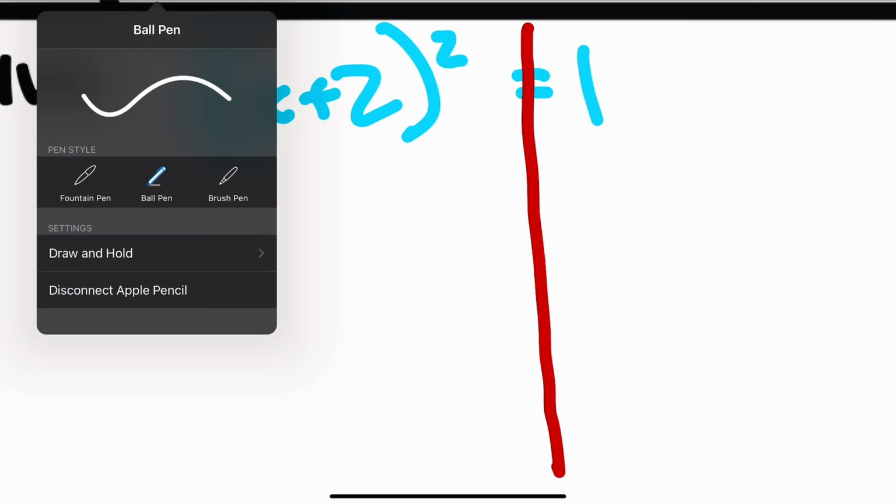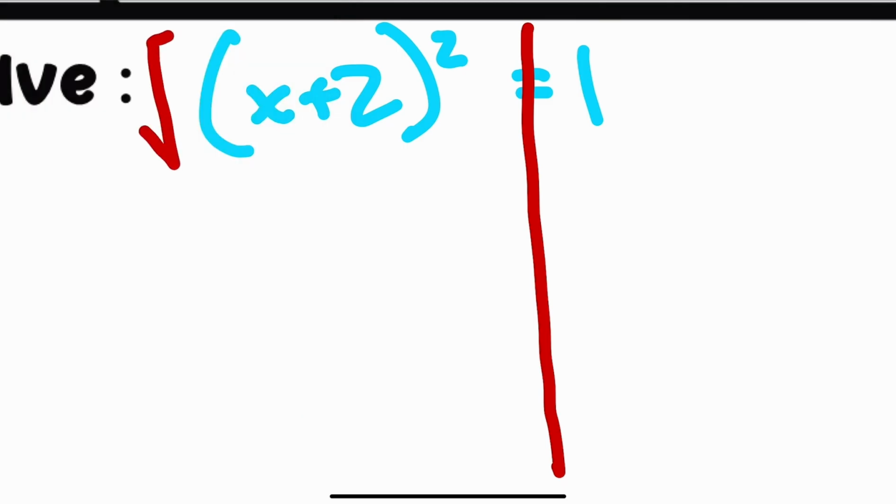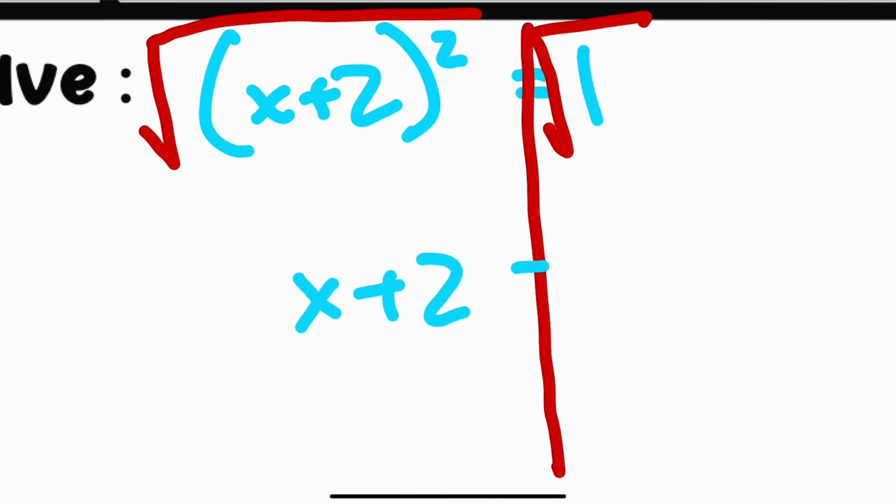So I am going to get rid of those by square rooting both sides. When I do that, I'm going to be left with x plus 2 on this side. And then I want to try and take the square root of 1. Remember, you want to find the factors. For this one, actually, we would get a perfect square because 1 times 1 will give you 1. This is the only time where you're allowed to use 1s for your factors.